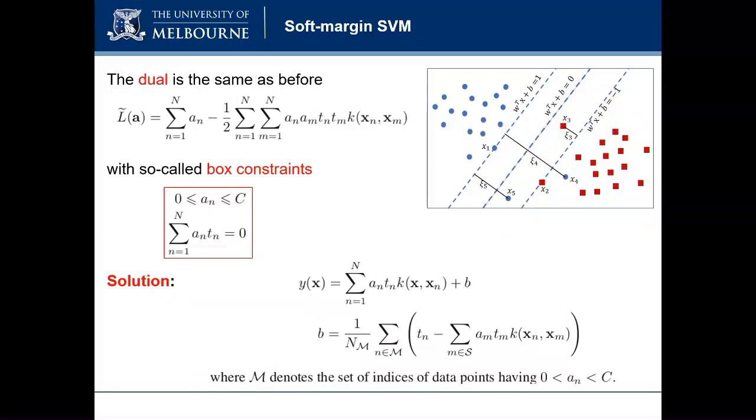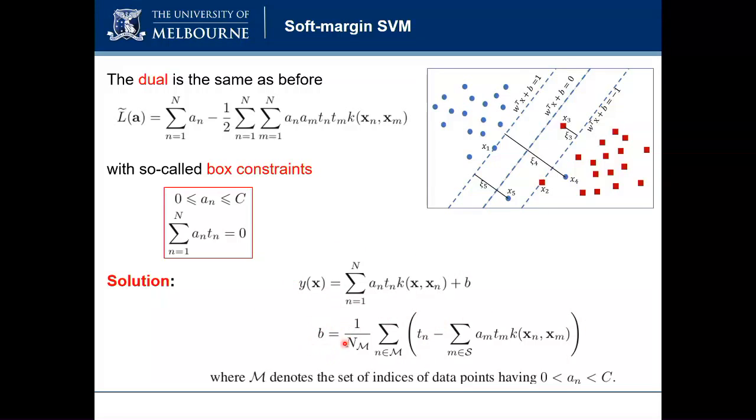When you write the dual, the only thing that changes is this additional inequality, an upper bound on the dual Lagrange multipliers. So when you read it from outside without knowing any optimization, you think, oh, this is almost the same thing. You just add an upper bound C, but it comes from a long way. Where does it come from? Then you have the solution like this, but this is the same.